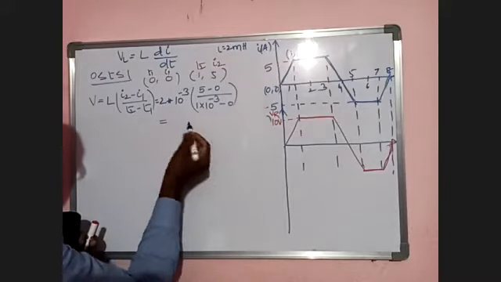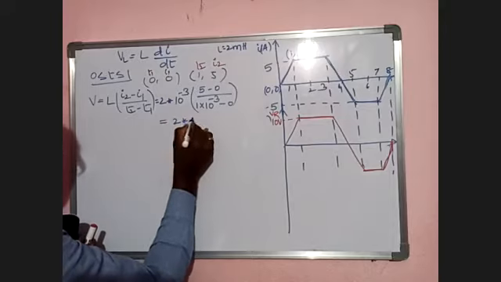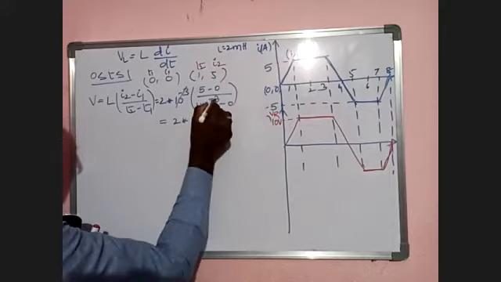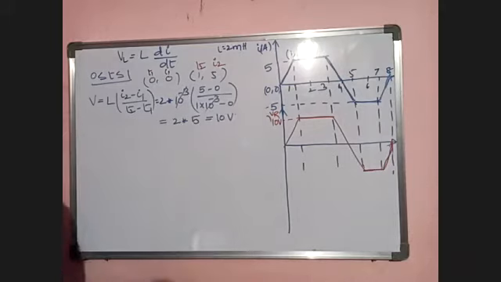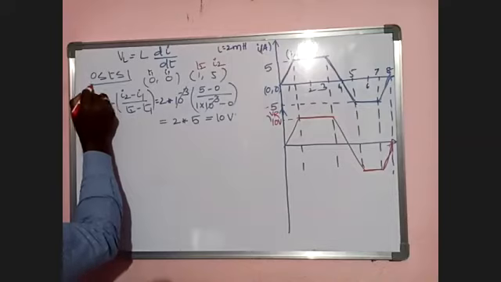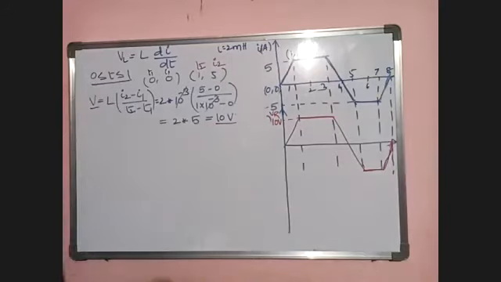Therefore, 2 into 5, which is equal to 10 volts. That is, from 0 to 1, V of t is equal to 10 volts.